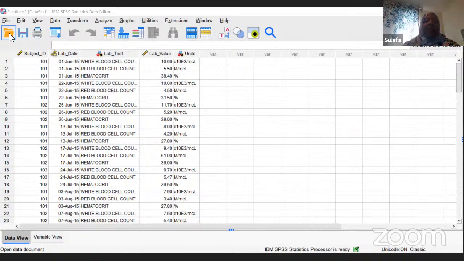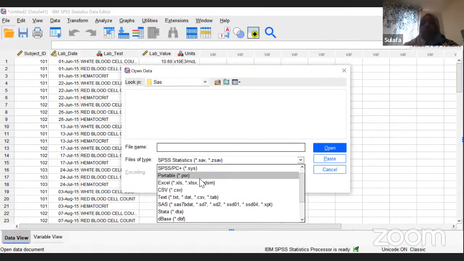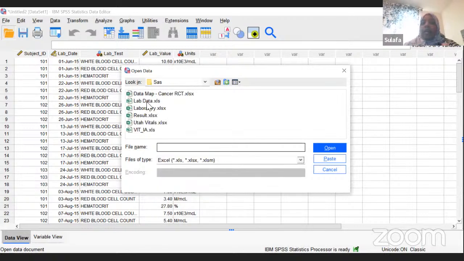Sure, thank you, Hiba. So you go here to this icon and you open it. And here you can specify your file type. So if it is XLSX, you just change it here to XLSX, and it will pop up automatically, bringing all your XLSX sheets.